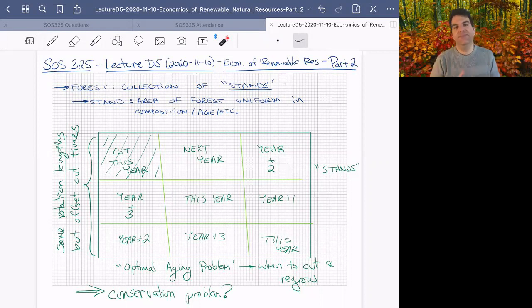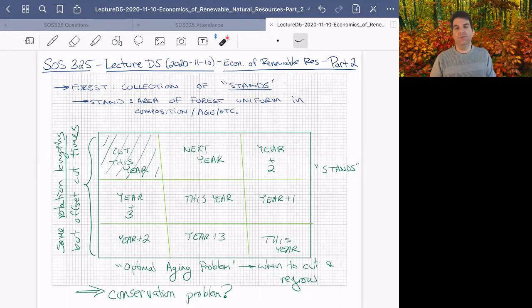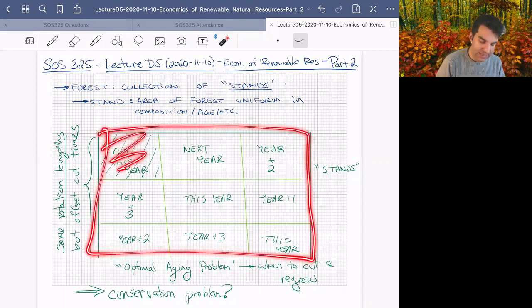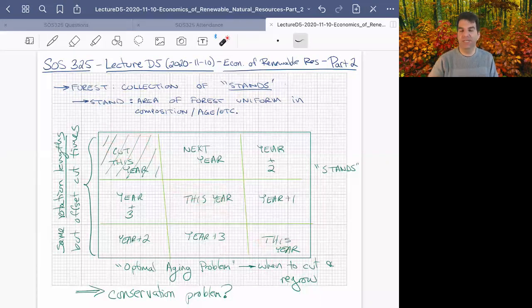Instead, different portions of the forest are cut at different times, so that at any particular time there is forest that is older than other forest there. So if, for example, you decide that your rotation length is going to be long enough to support old growth forest, then even though you eventually cut, there will always be some old growth forest in your forest, because you're only going to cut a fraction of it at a time, because the rest of it won't be ready to be cut yet.